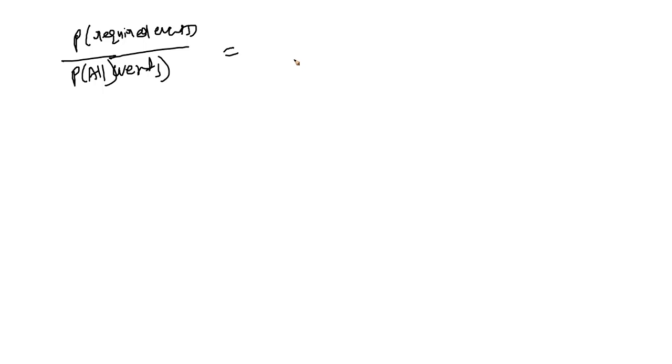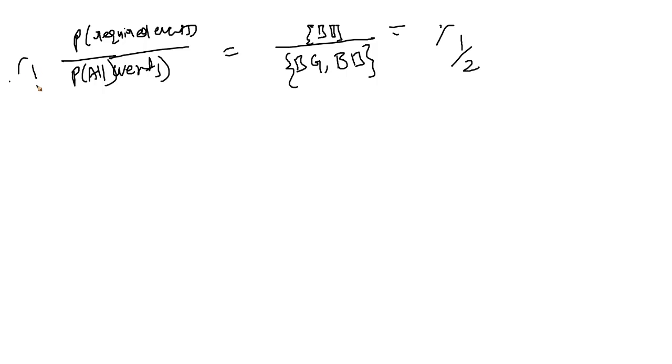Let's say the first one is a boy and the second one can be a girl, or the first one is a boy and the second one is also a boy. So this is the sample space. The question is asking the probability that both of them are boys. There is only one case of both being boys, so the answer is 1 by 2, right? This solves the first problem.